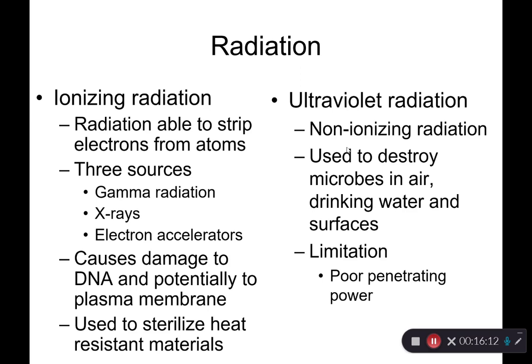Ionizing radiation, we talked about how gamma rays can be used in the food industry for really delicate things like spices. They're used for medical supplies. They can use it for mail when they're feeding mail through the machines.